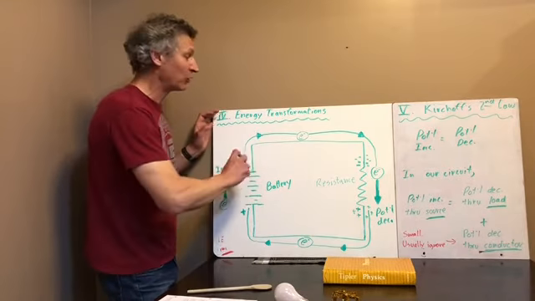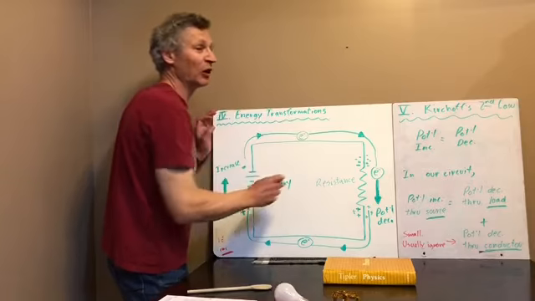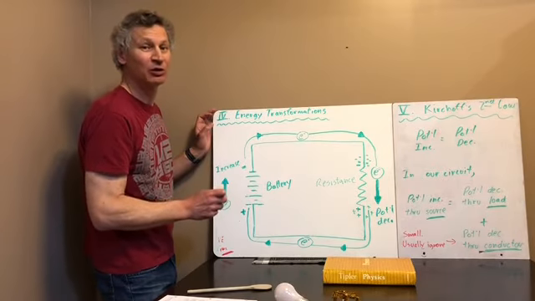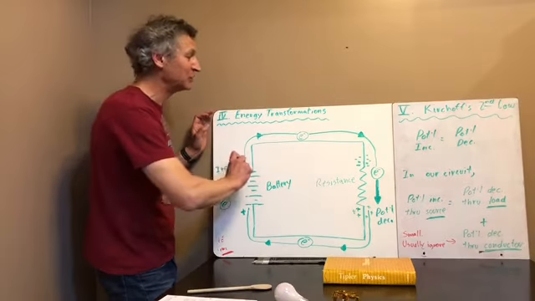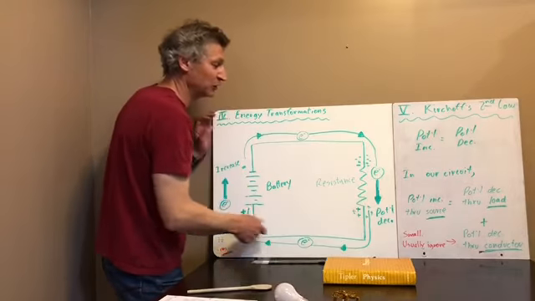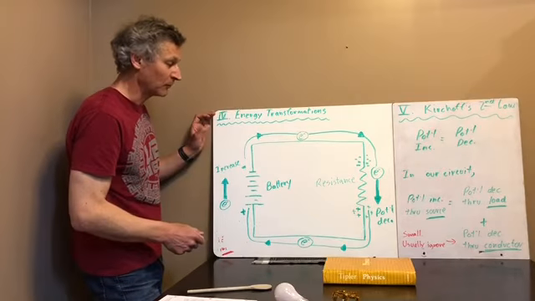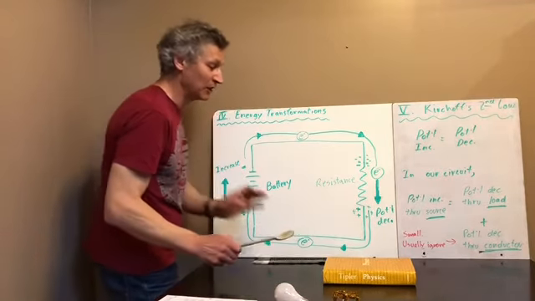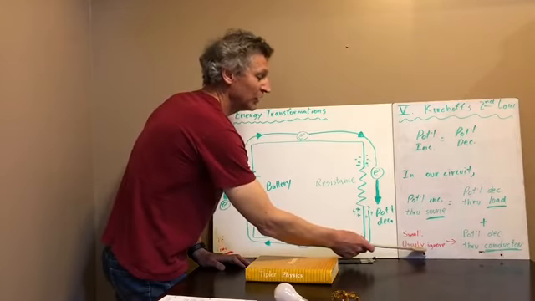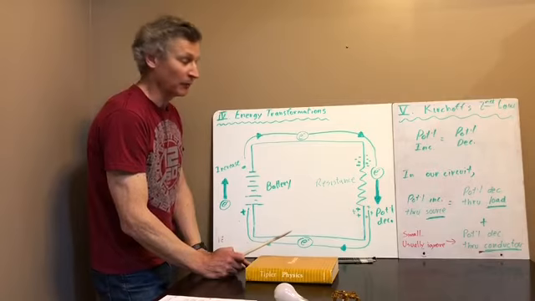That means when electrons go through a conductor, they are producing a little bit of heat. They are losing a little bit of electrical potential energy. So there is a small amount of potential decrease through a conductor. But the key word there is small. So we usually ignore that.